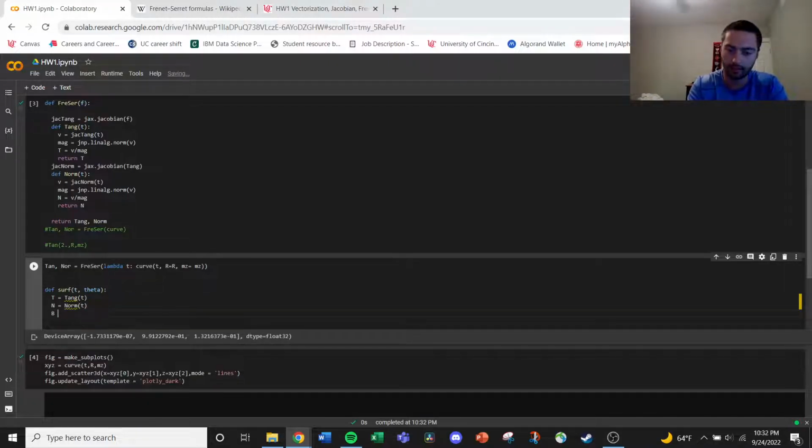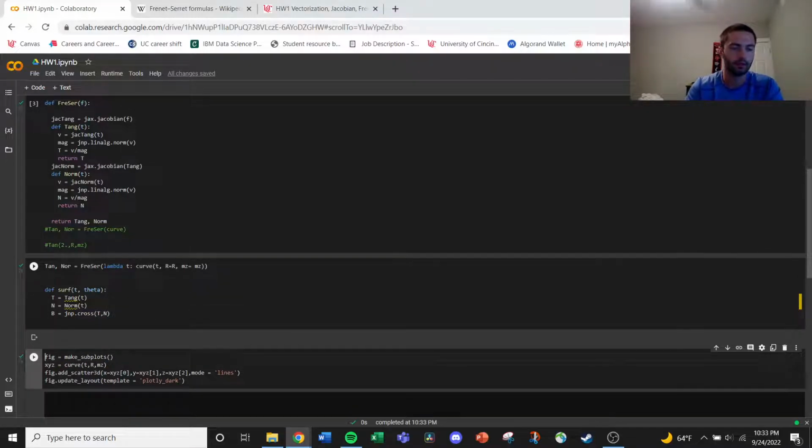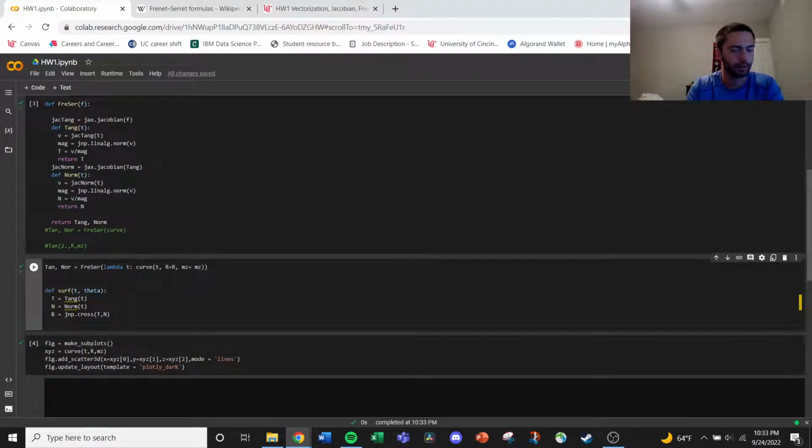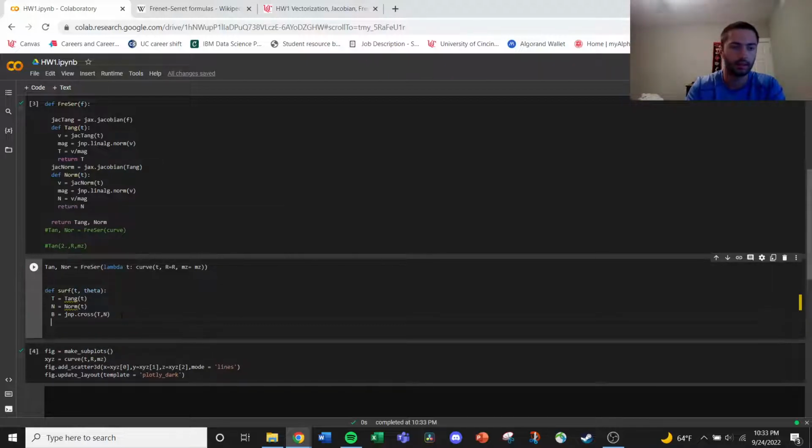And as I mentioned, we have this binormal vector that is just equal to the cross product, so jnp.cross of t and n, our tangent and our normal. I didn't mean to run that, but it's fine.